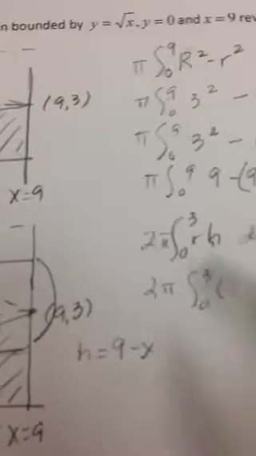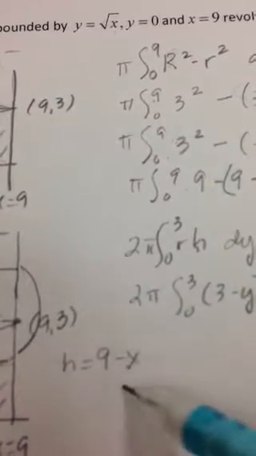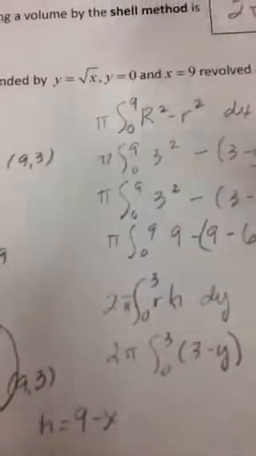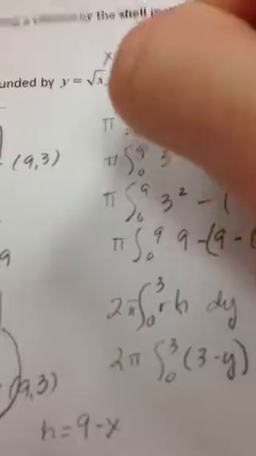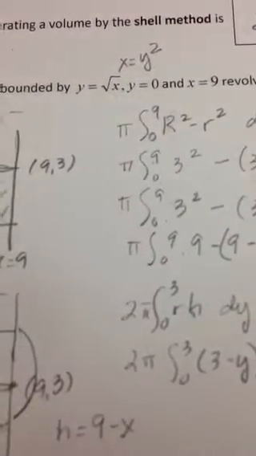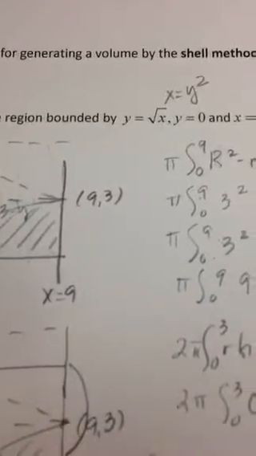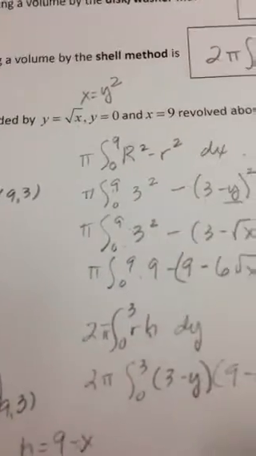So similar to the situation that we had here, I can't leave this in terms of x because this is a dy situation. Since y is root x, x is going to be y squared. So my height now becomes 9 minus y squared.